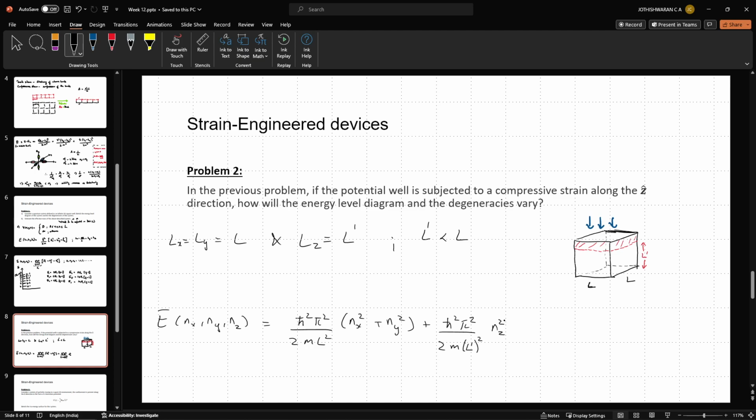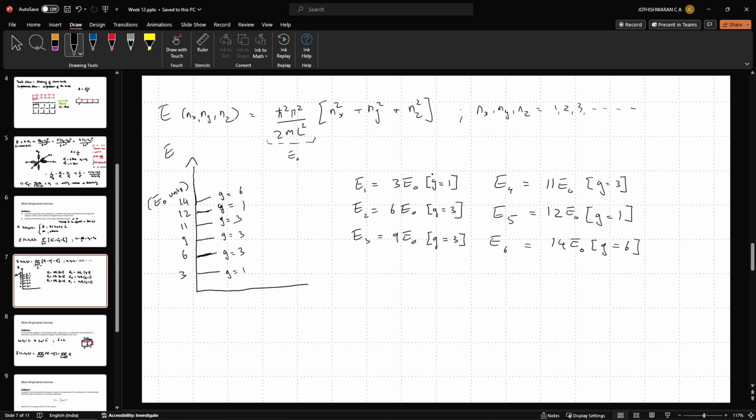Now the reason why I sketched the first 6 energy levels there is for this very reason, so that we'll have an idea of what the quantum numbers are. So I think in red I will also write the quantum numbers over here. So this is 1, 1, 1.